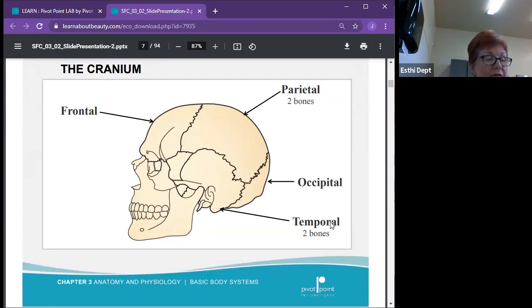The parietal now are the two bones that form the crown and the upper sides of your head. So kind of like it splits in half right here. There are two bones, one on each side of your head.